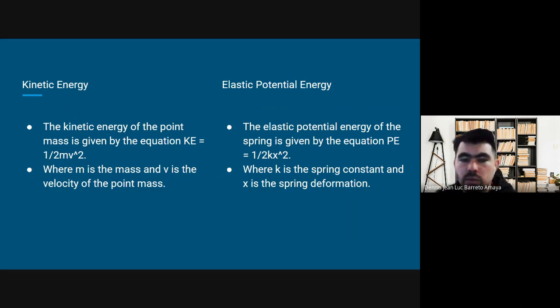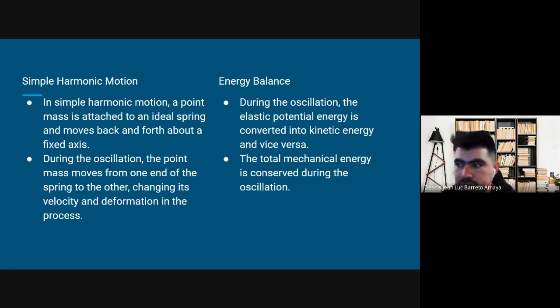Elastic potential energy. The elastic potential energy of the spring is given by the equation P equals 1 divided by 2 k x squared, where k is the spring constant and x is the spring deformation.